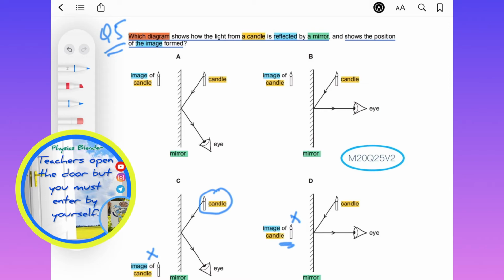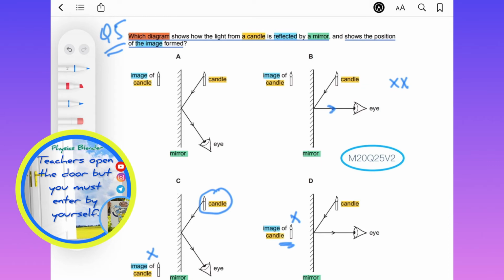Okay, which one is correct? The image is formed behind the mirror at equal distance according to the law of reflection. Here the law of reflection is not applied. The angle of incidence is not equal to the angle of reflection. By the way, here the angle of reflection, this is the reflected ray, okay?